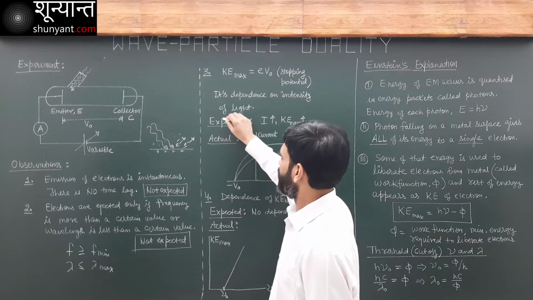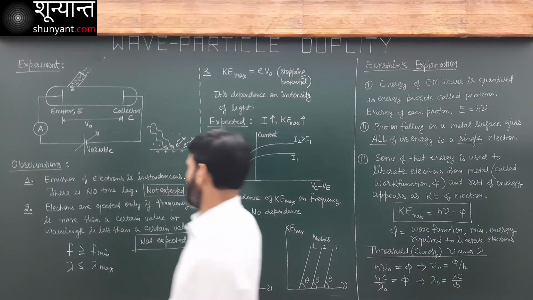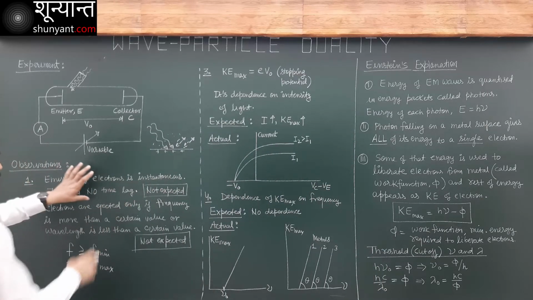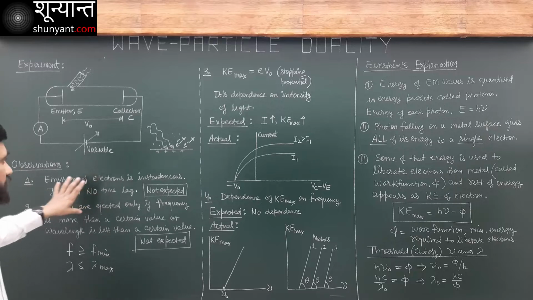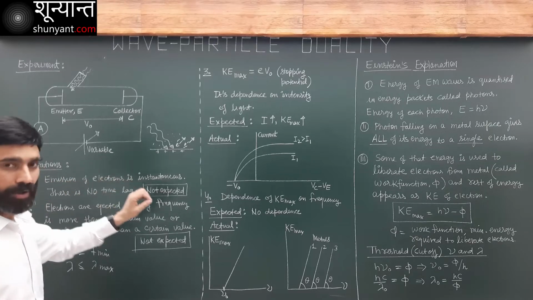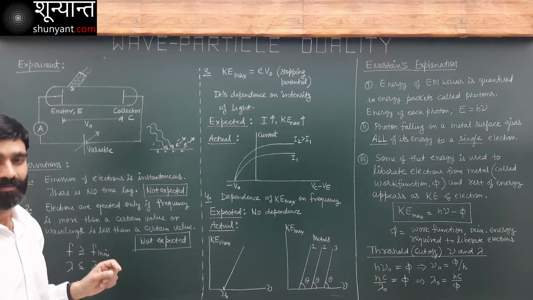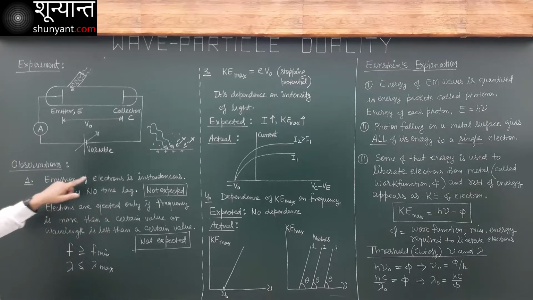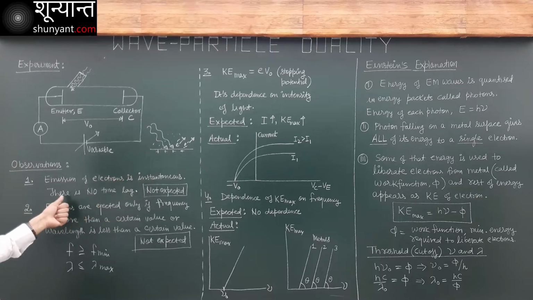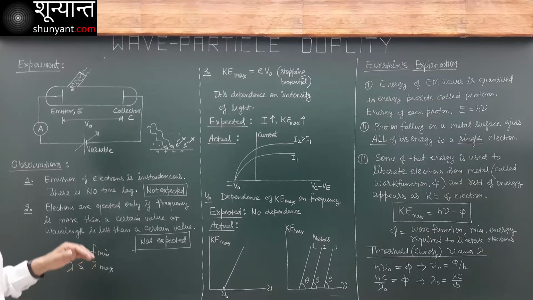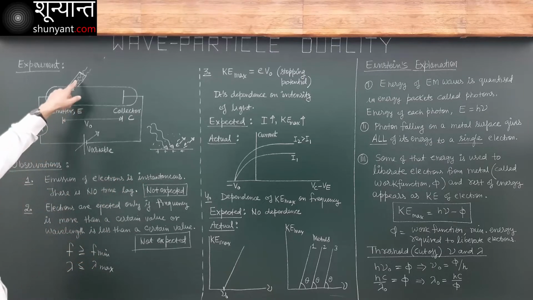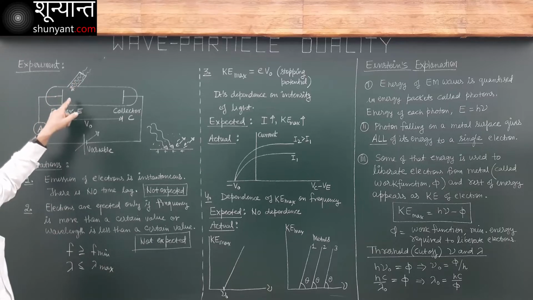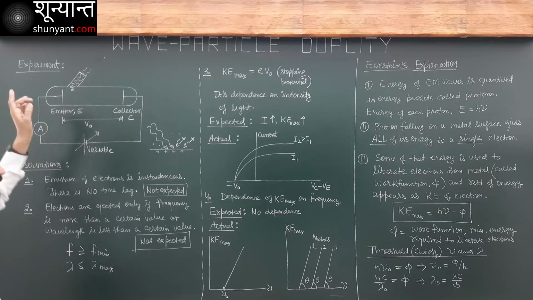First observation. This was not expected. What is the meaning of not expected? It says the emission of electrons is instantaneous. There is no time lag. That means the moment light falls on this, immediately we register current here.